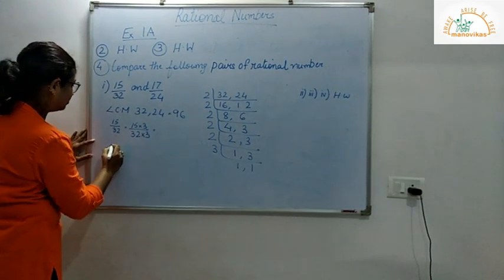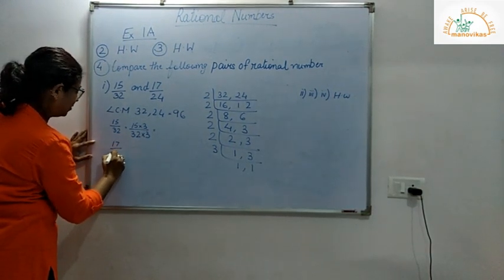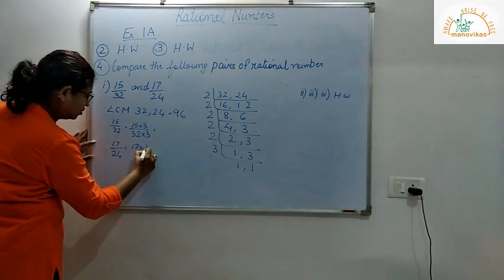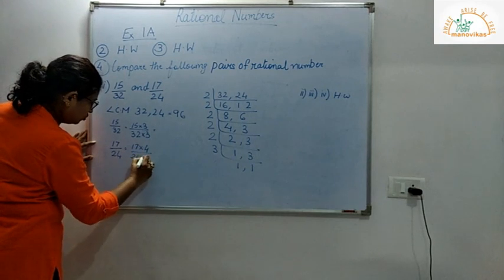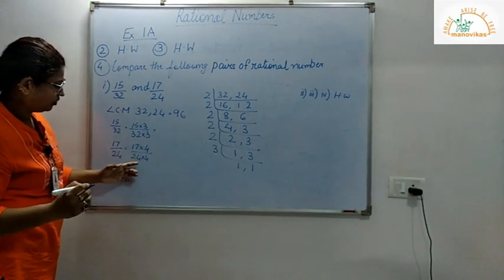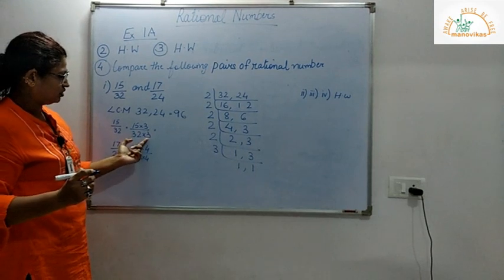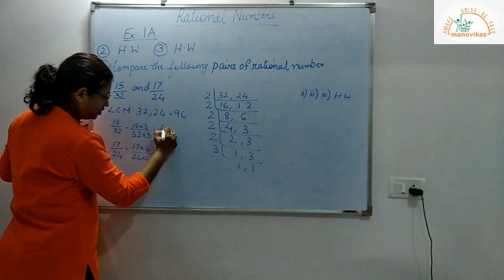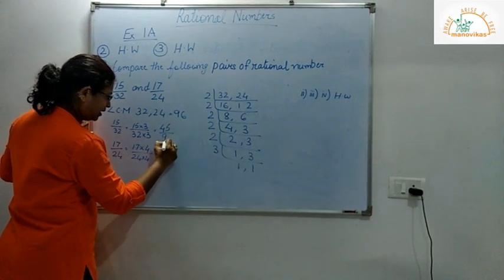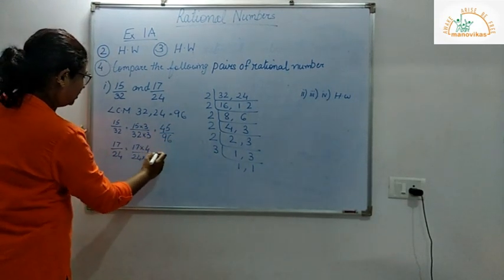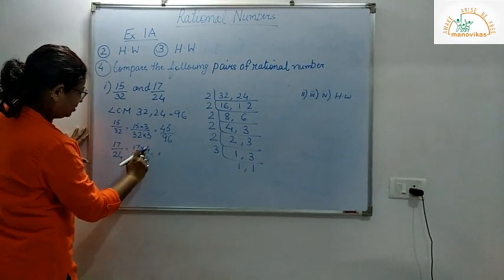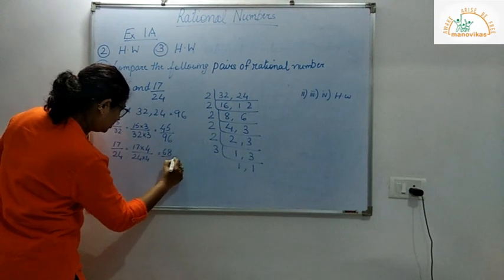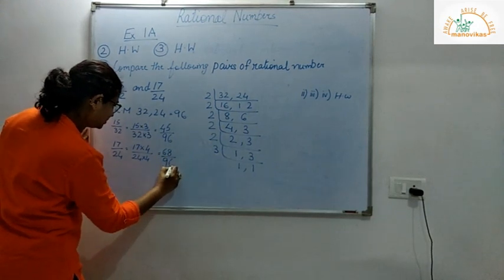Now the next number, 17 divided by 24, we multiply by 4 on top and bottom. Multiplying 4 with 24 you get 96, and 32 with 3 you get 96. So 15 into 3 is 45 divided by 96, and 17 into 4 is 68 divided by 96.